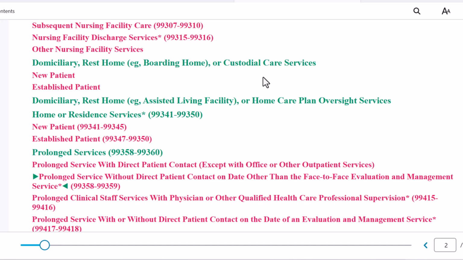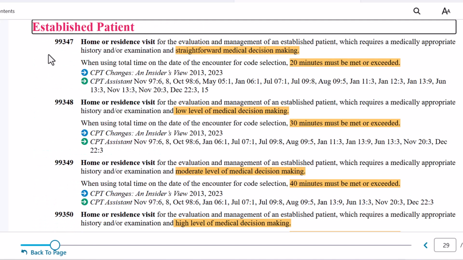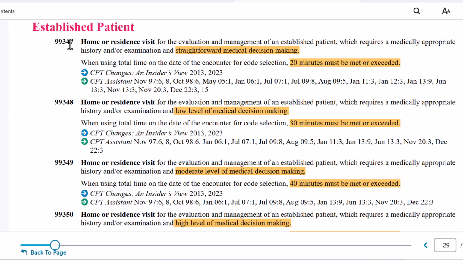So go to the evaluation and management section and go to the table of contents. Here home or resident services, and the patient is an established patient. So the codes start from 99347. So directly go to the code. Once you go to the code, you can see 99347 is straightforward medical decision making, 20 minutes must be met or exceeded. 99348 is low level of medical decision making, 30 minutes must be met or exceeded. 99349 is home or resident visit, established patient, moderate level of decision making, 40 minutes must be met or exceeded.